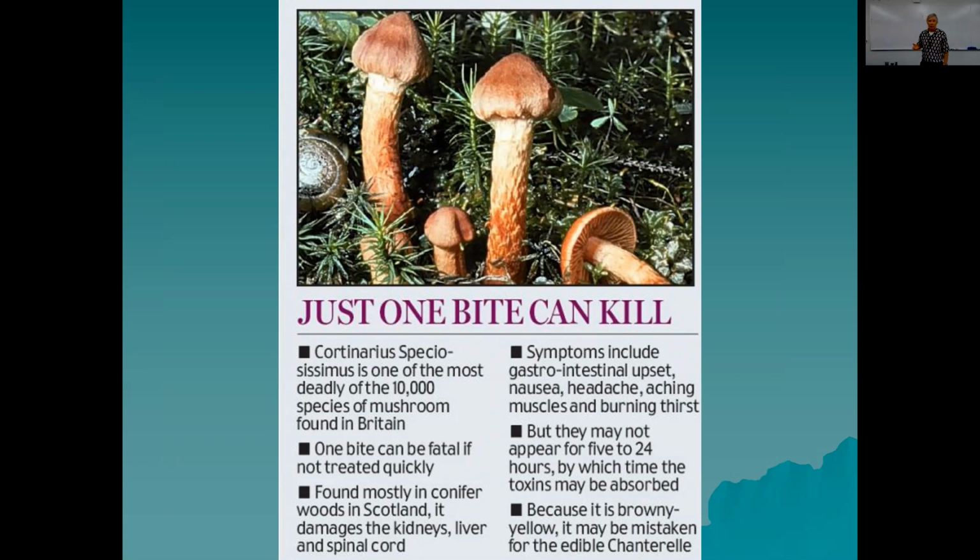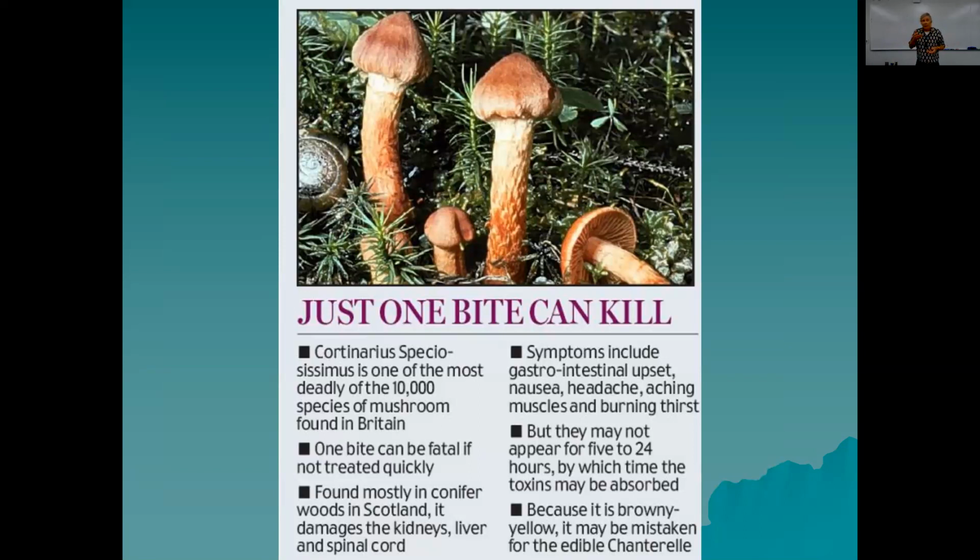And he's lucky to be alive. He and his wife and their brother-in-law lost kidney function and had to get kidney transplants. It was a really stupid mistake. He admits it was a stupid mistake because all he had to do was turn the mushroom upside down to look at it.